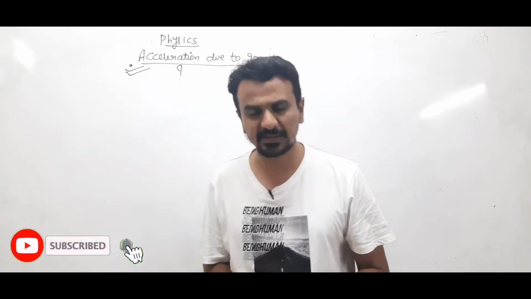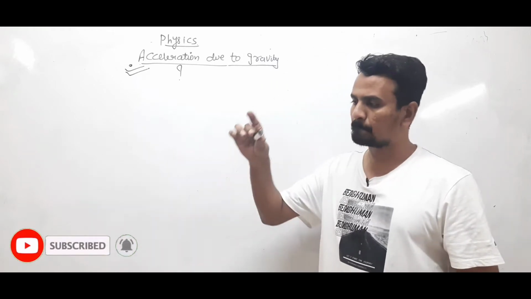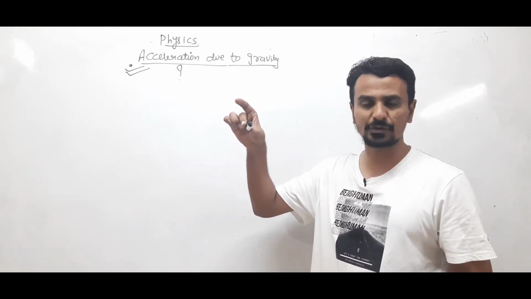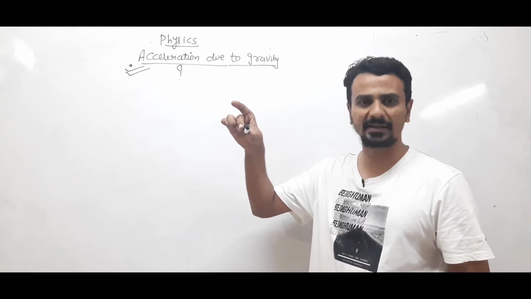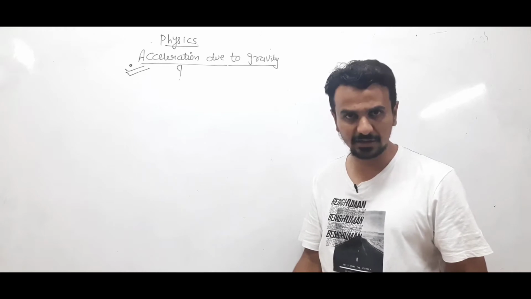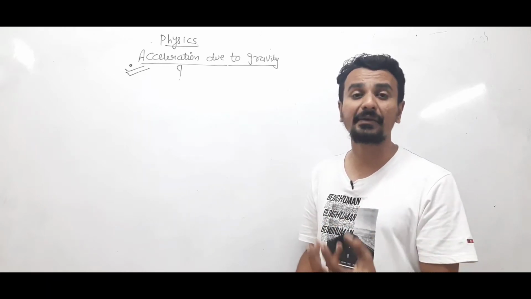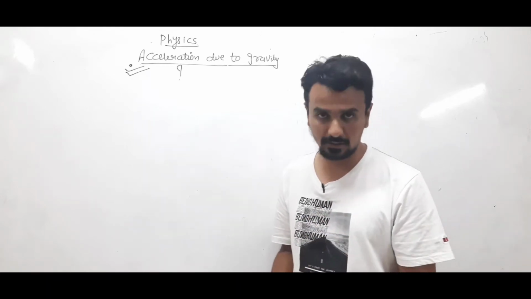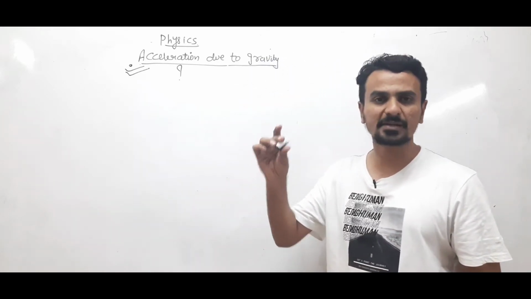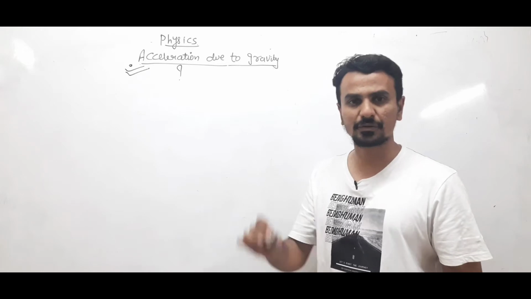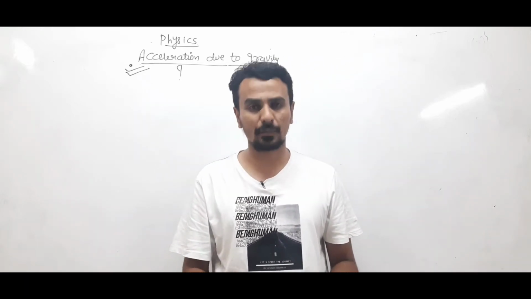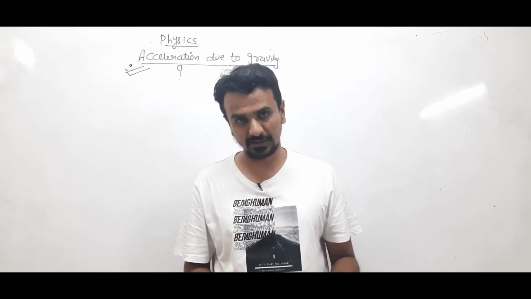That means suppose I am leaving this object, I am not applying any kind of force on it, I am just leaving it, it will go down, the motion will be in the downward direction because of the gravitational force of the earth. Earth's gravity will attract this object towards itself, right? So the object will perform a downward motion with increasing velocity.